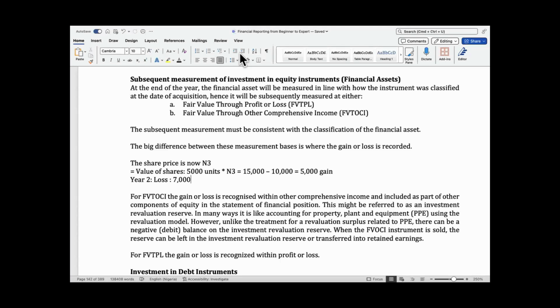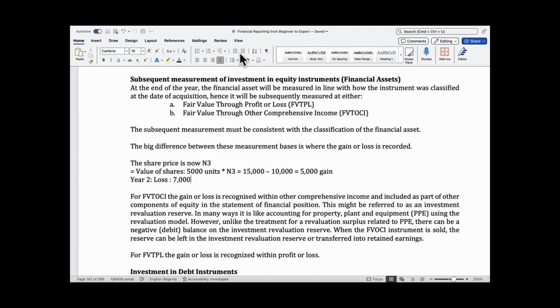In PPE, that would have been correct, because when you have a revaluation surplus in the previous year that goes to OCI, and you now have a revaluation deficit in the current year, you net off that loss against the last year's surplus first in OCI, and any excess you now take to P&L.